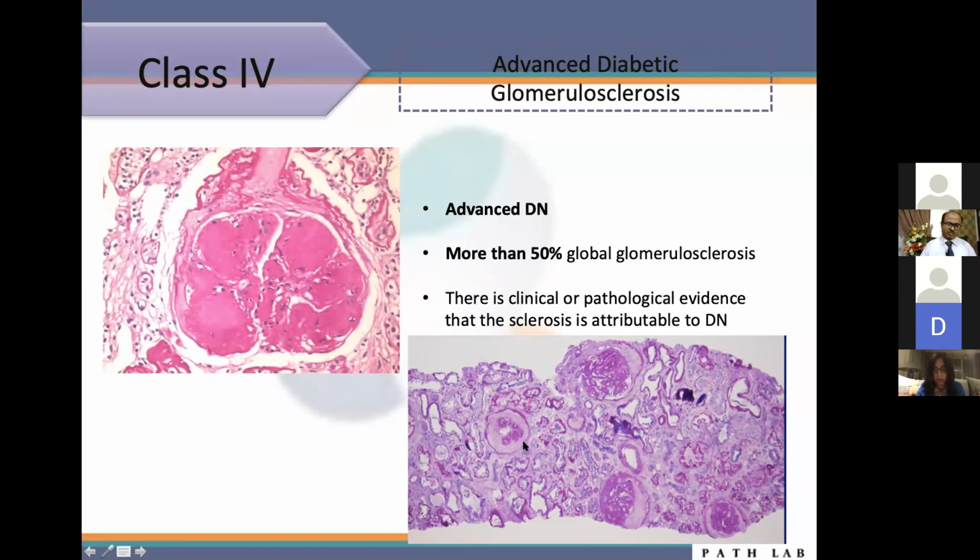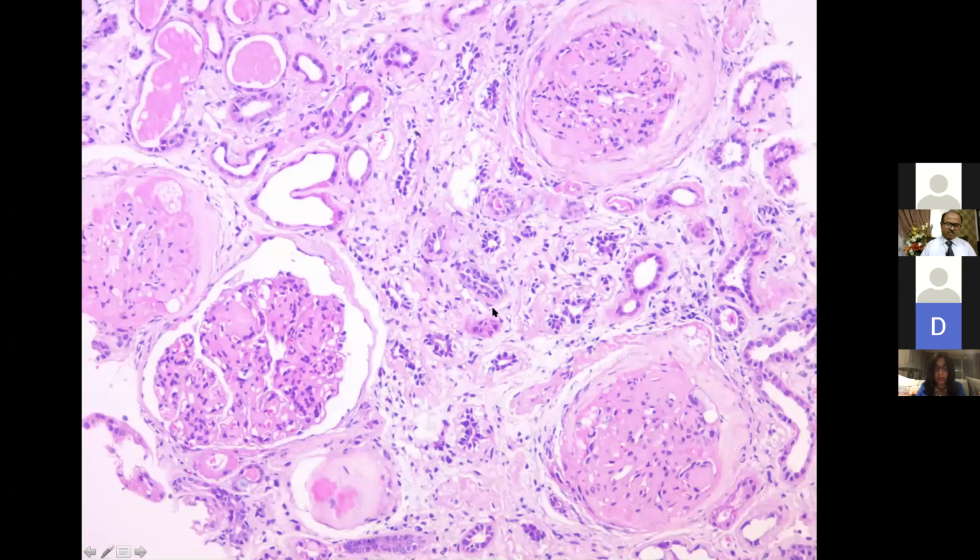This is, of course, very important. Again, this is your classic diabetic glomerulosclerosis. Diabetes causes thickening and fraying of the Bowman's capsules. You feel that they are leaving each other. You get extensive hyalinosis, the nodular sclerosis, and usually interstitial fibrosis and highly thickened tubular basement membranes.